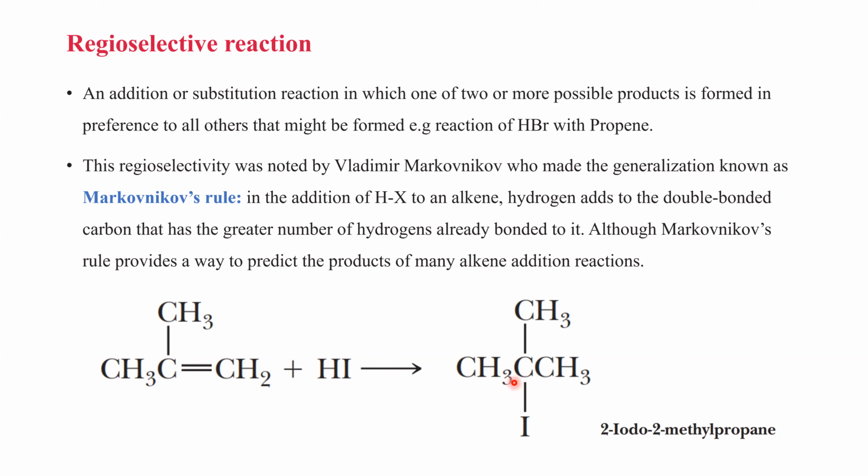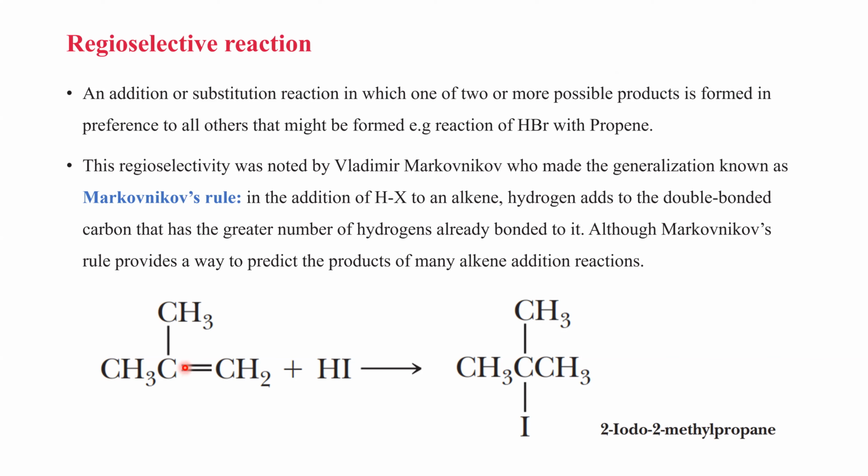In general understanding, because hydrogen is very simple and small in size, it prefers to be part of the carbon already surrounded by the same kind of atoms, so as not to create any disturbance.